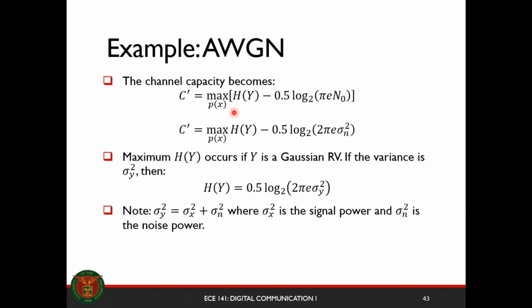If it's Gaussian, then its entropy is equal to 0.5 log of this expression inside, where sigma Y is the variance of the Gaussian random variable Y. Note that this variance is directly related to the power of the signal Y, which is equal to the power of signal X plus the power of the noise.